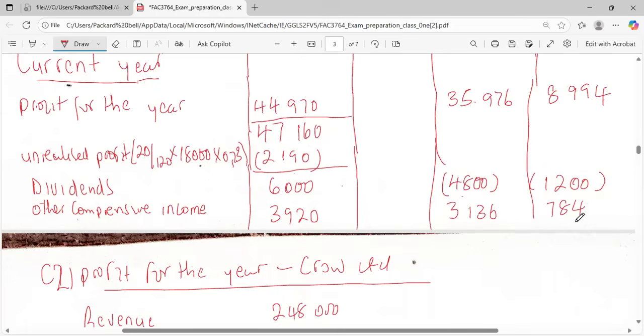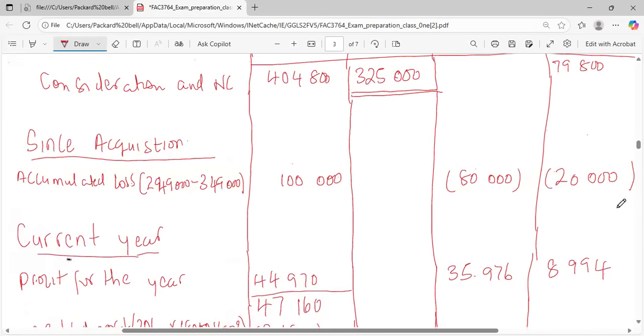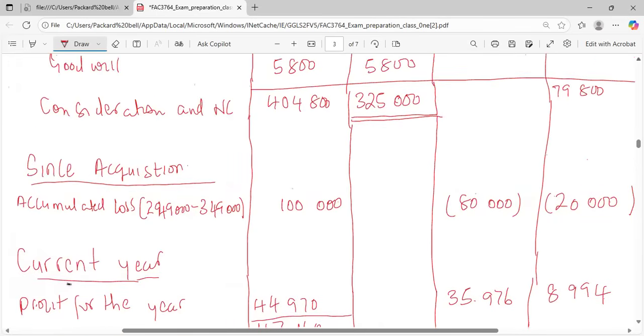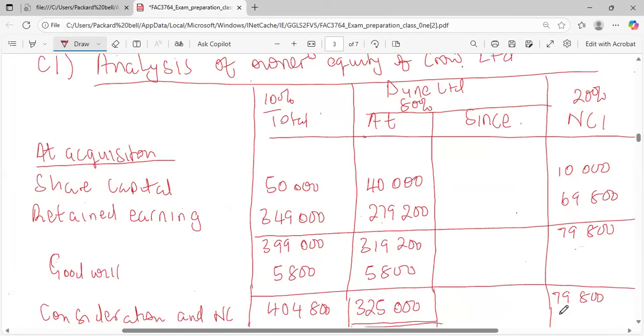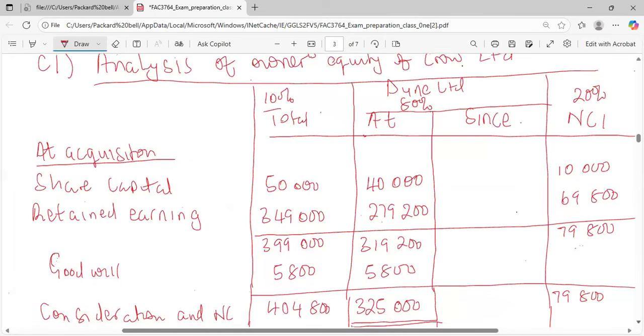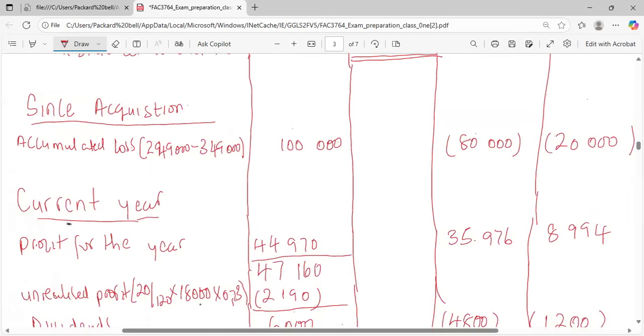So after everything, I think the most important column that you always make sure that you add is this one for NCI. So let's work the total column for NCI. So our NCI column is this one. We start from 79,800.